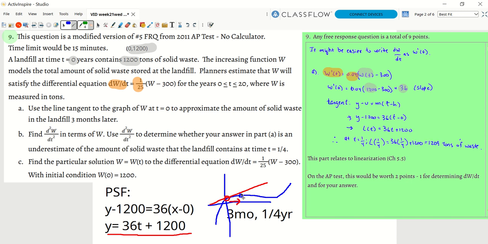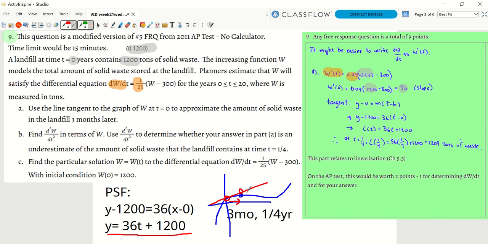We're going to assume that the y coordinate of this red dot up here is going to be somewhat close to the y coordinate of this blue dot. And you can see later on this is going to be an overestimation, because the red line is above the blue curve. In this case, sorry, I shouldn't have said it is going to be an overestimation.